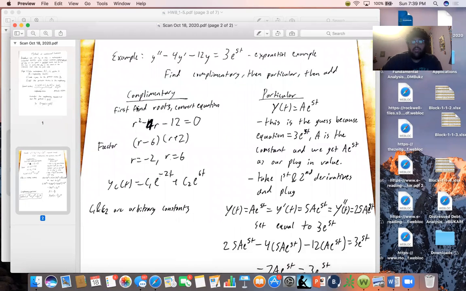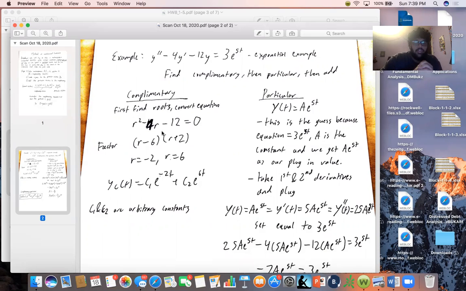With the complementary, the first thing you need to do is find the roots. So you convert the equation where y'' becomes r squared, -4y' becomes -4r, and -12y becomes -12, equals 0. Then you just factor, and you get your roots, -2 and 6.